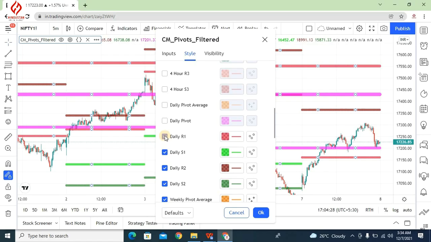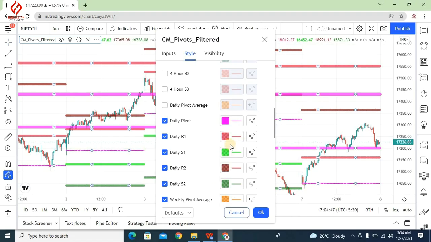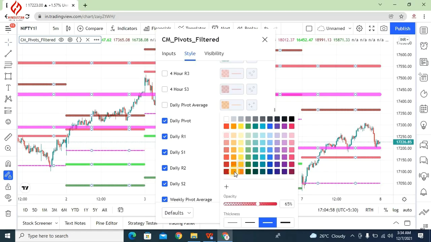So you just unmark. And daily pivot, I don't want this daily pivot average, but a daily pivot we need. So for daily pivot I'm selecting pink color, it is already there, right? Make opacity 100% and thickness first one, right? And for daily R1 S1 R2 S2, select one single color for all these daily pivots. Here I am selecting orange color.